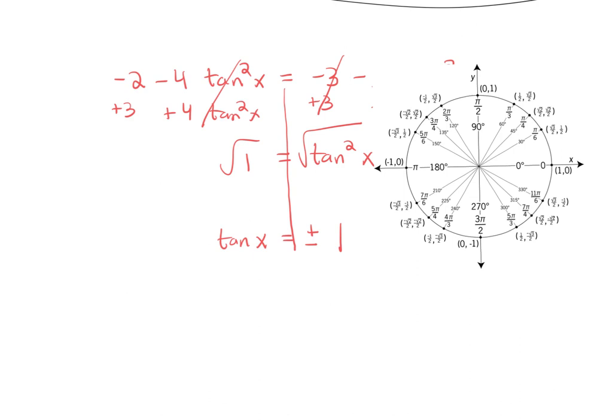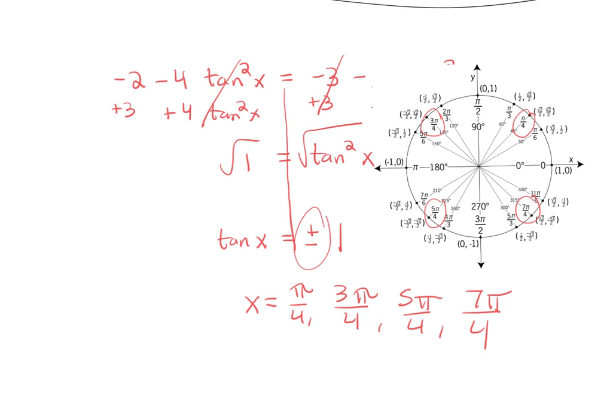Tangent is 1 at the pi over 4's, and negative at these pi over 4's. So because it's plus and minus, we have to include all 4 answers. Pi over 4, 3 pi over 4, 5 pi over 4, and 7 pi over 4.